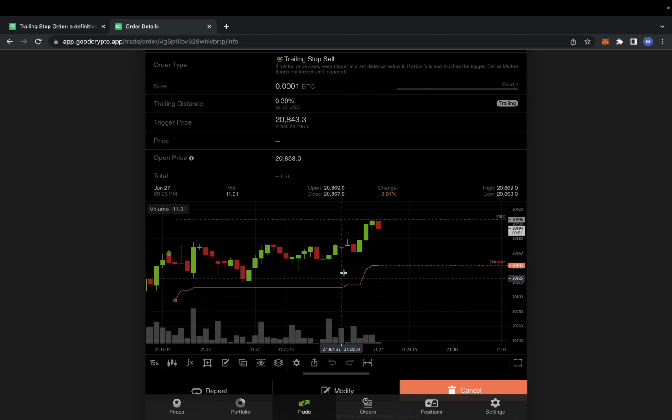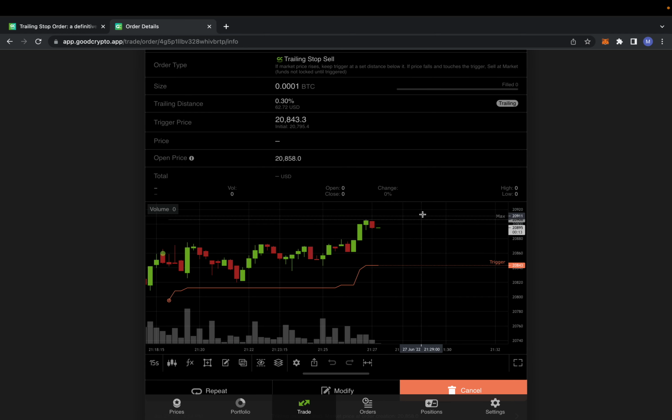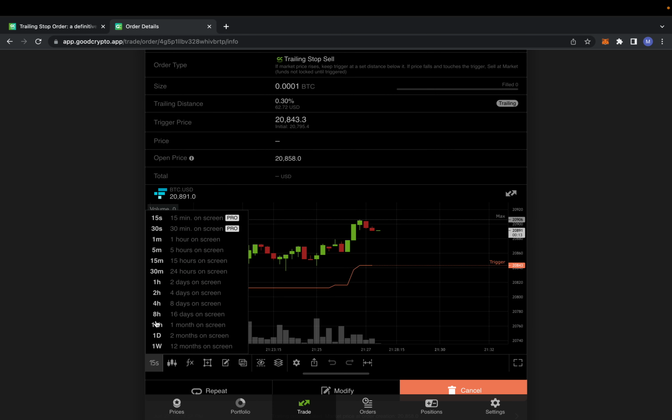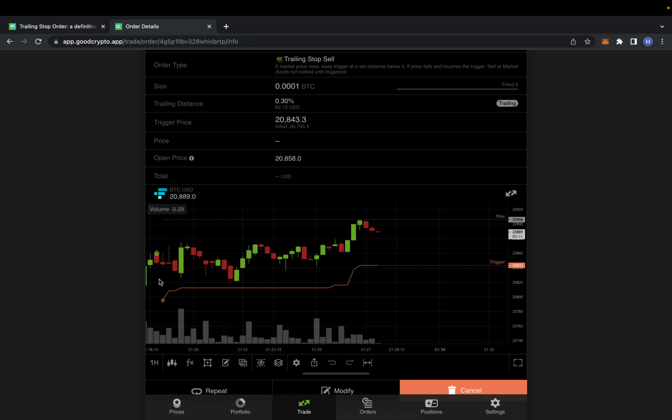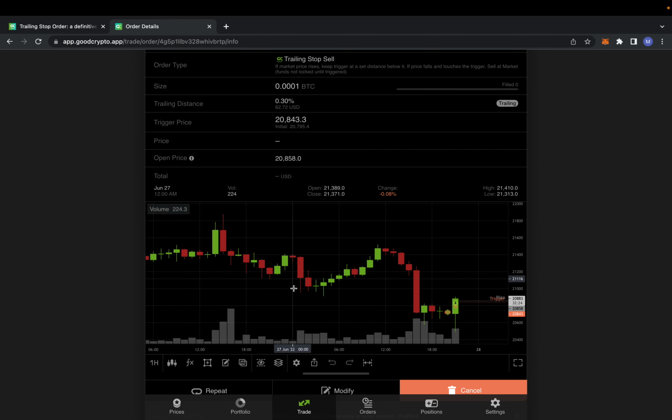It might be as well that the trend continues and the trigger improves. But the biggest point, of course, once again, is that you don't want to use trailing stop orders to catch those small trends with those small trailing distances. You would rather use them with large trailing distances and catch trends which can be seen on the graph, something like this.